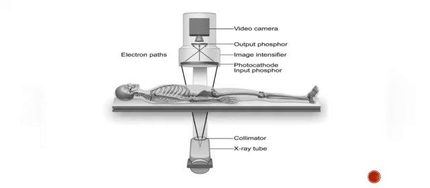In this image you can see the X-ray beams are coming out of the X-ray tube and passing through the patient's body, and the image intensifier is absorbing or capturing all the beams that pass through the patient's body, and after it captures these beams it converts them into real time imaging, and we can see those images on the monitor.